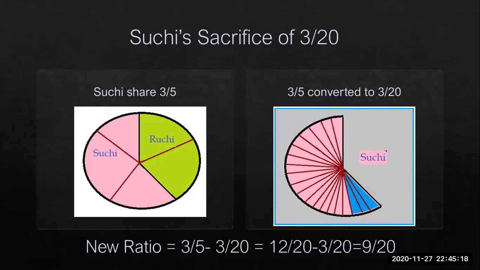How do we solve this using numbers is by doing 3 by 5 minus 3 by 20, and here as a process of subtraction we need to get the LCM for the denominators, and we have 12 by 20 minus 3 by 20, which is 9 by 20. This is the first step for solving Suchi's sacrifice of 3 by 20.